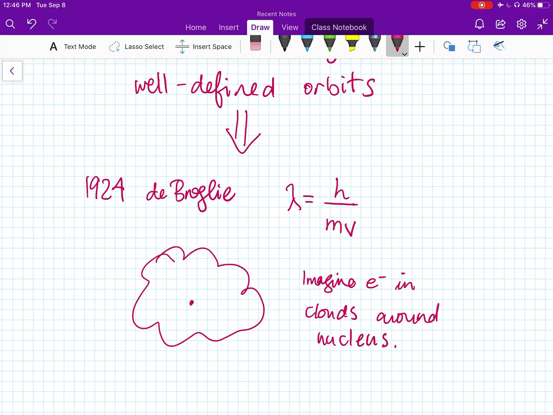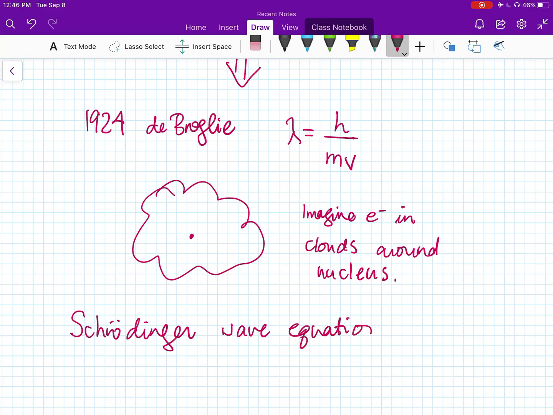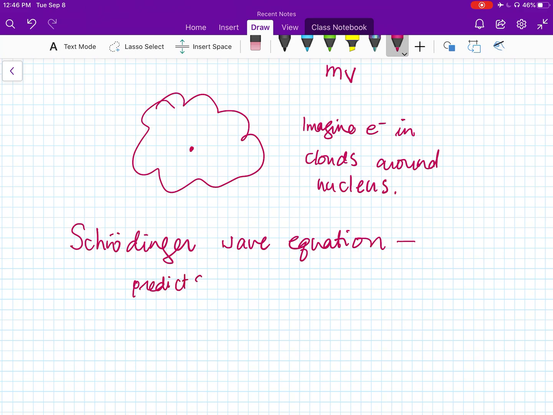And it was really Erwin Schrödinger who developed a wave equation. So the Schrödinger wave equation is the closest thing we get to predicting where an electron is going to be in an atom. We don't go into it in too much detail in general chemistry, but that is just how you can predict nothing more really than the probability of finding an electron in a given region of space. So this is an uncertainty as well.